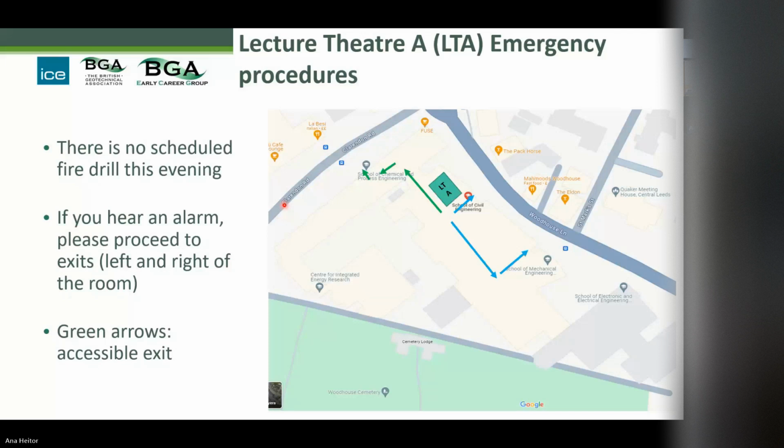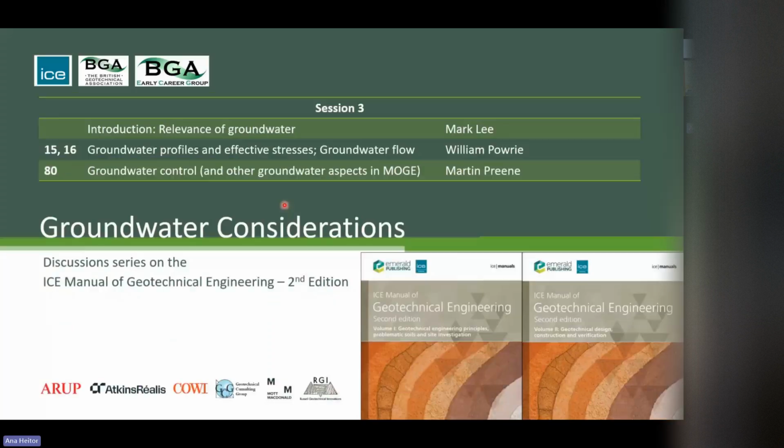So welcome tonight. This is session 3, groundwater considerations. We will have 3 short talks tonight, followed by a discussion group at the end, where we'll share some thoughts and questions and discuss the things that we've just heard.